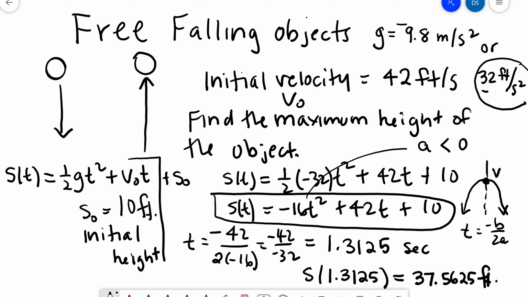So this says if your object is tossed or thrown in the air, or shot in the air, with an initial velocity of 42 feet per second, the maximum height that object will reach is 37.5625 feet.